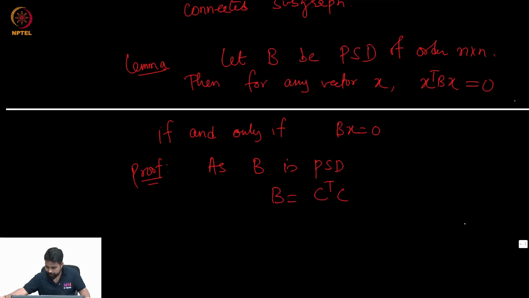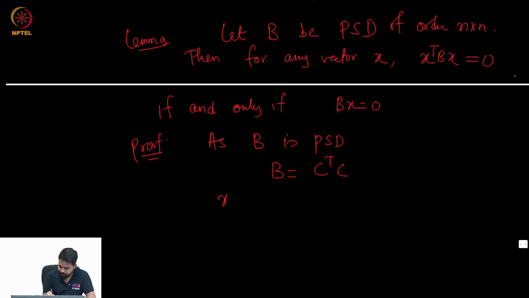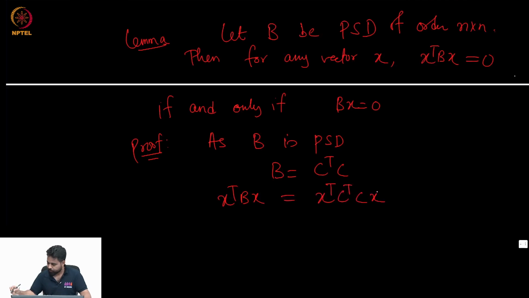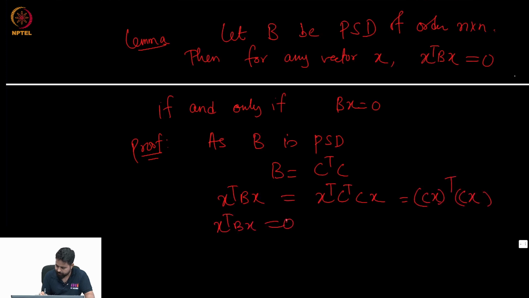Now you see, if you do X transpose Bx, this is nothing but X transpose C transpose Cx, which you can write as Cx transpose Cx. Now X transpose Bx equal to 0 implies that Cx is actually 0.